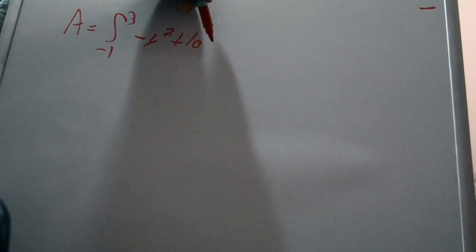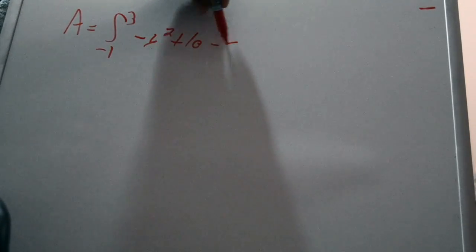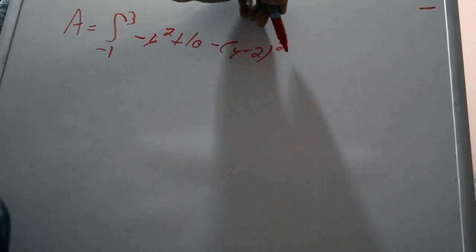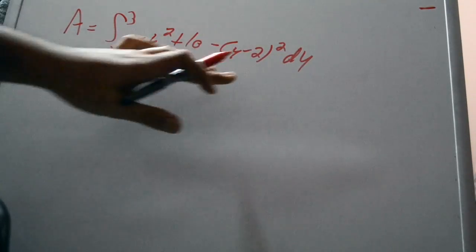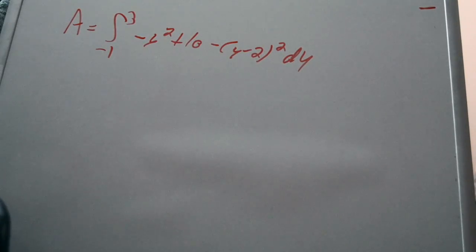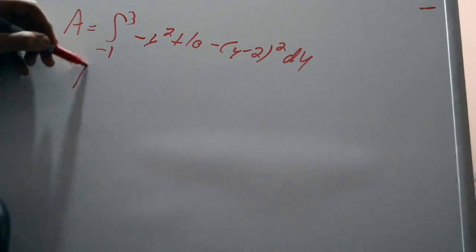But area you can have from -1 to 3, negative y squared plus 10 minus y minus 2 squared dy. Now you just distribute y minus 2 squared, you'll get the area.